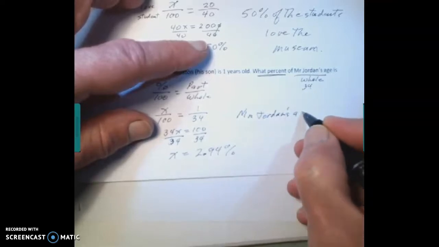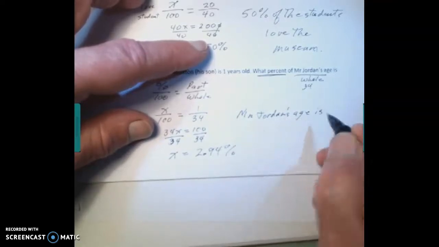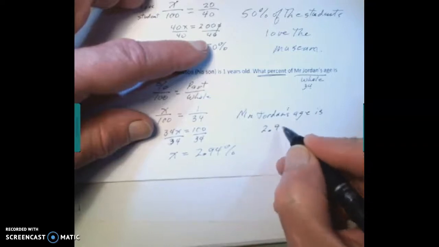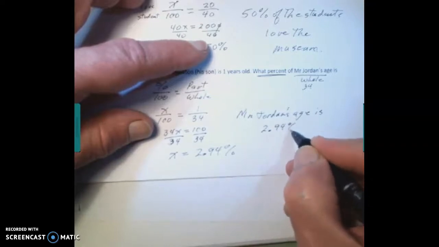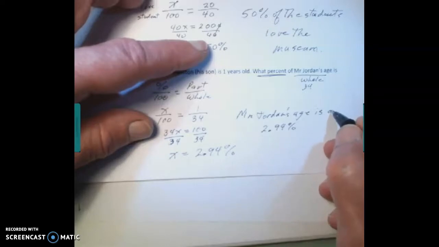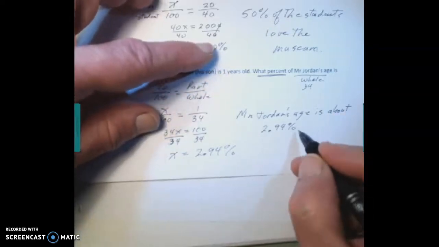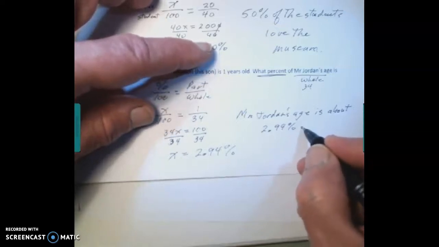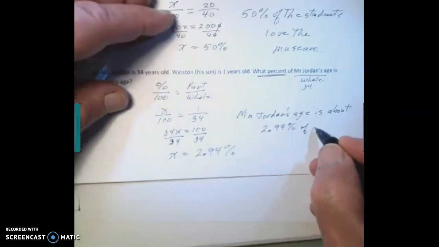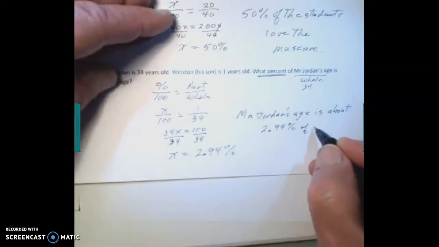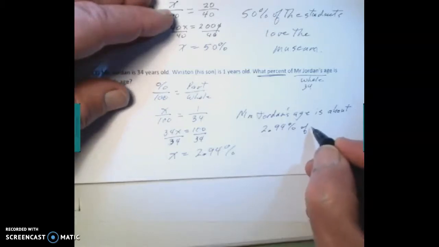So you would say Mr. Jordan's age is 2 94/100%, and maybe you should say about, since we rounded it, it's about 2 94/100% of Winston's, whoops, no, my bad. It's of Mr. Jordan's age.